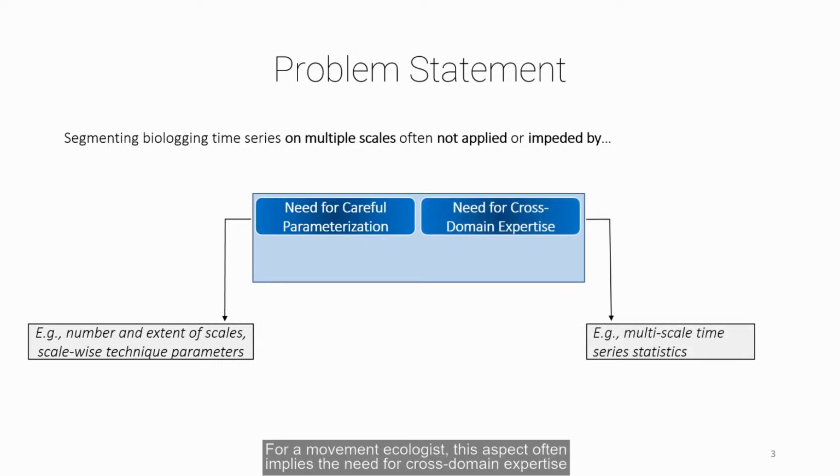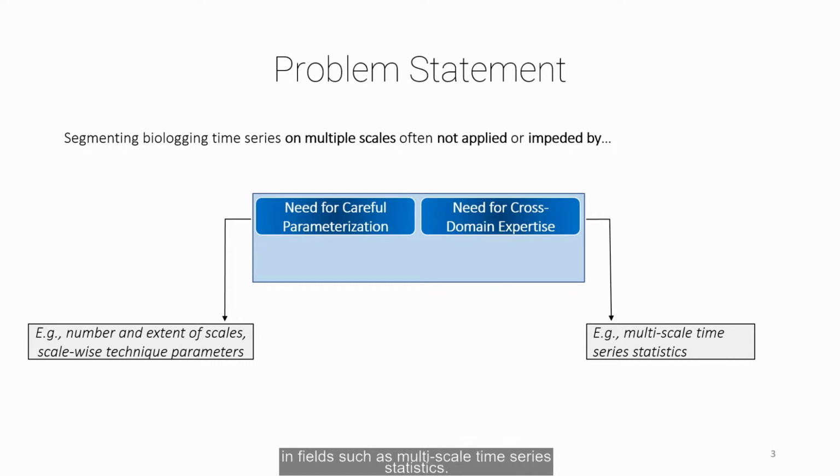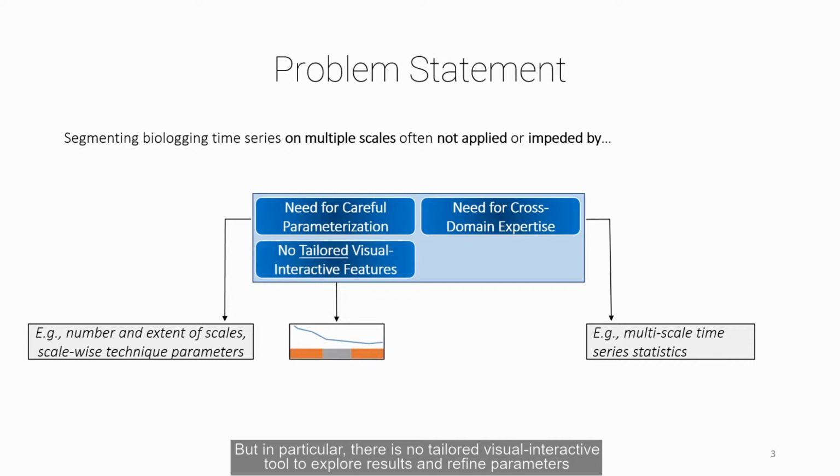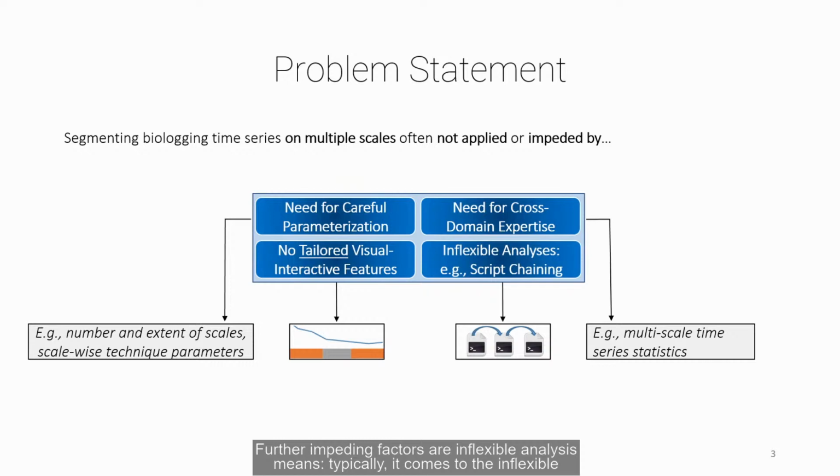For a movement ecologist, this aspect often implies the need for cross-domain expertise in fields such as multiscale time series statistics. But in particular, there is no tailored visual interactive tool to explore results and refine parameters in the context of multiscale time series segmentation. Further impeding factors are inflexible analysis means. Typically, it comes to the inflexible chaining of individual R or Python scripts.